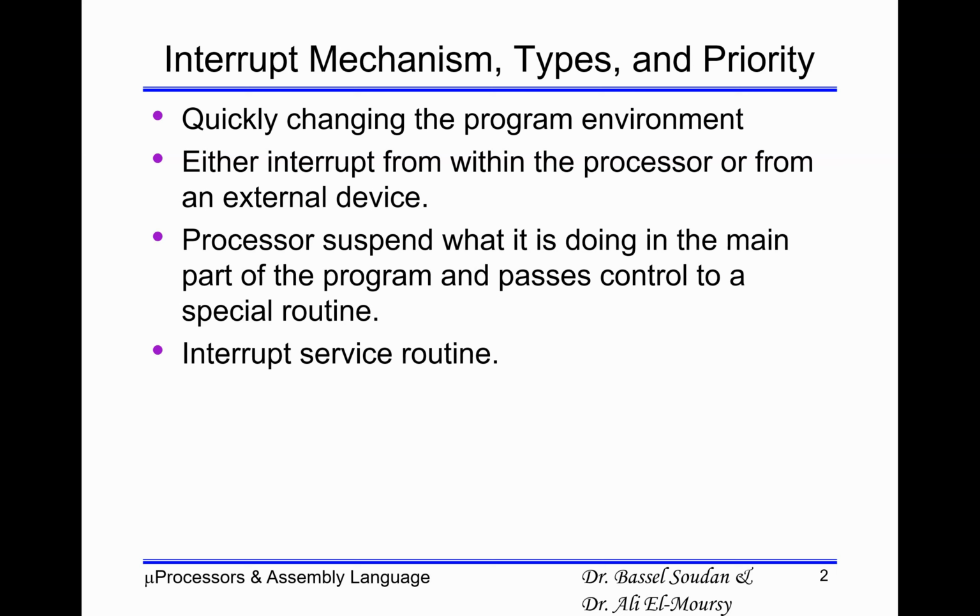By default, the microprocessor keeps executing the program that is running on the machine through the cycle of the microprocessor, which we discussed before in the very first chapter of this course.